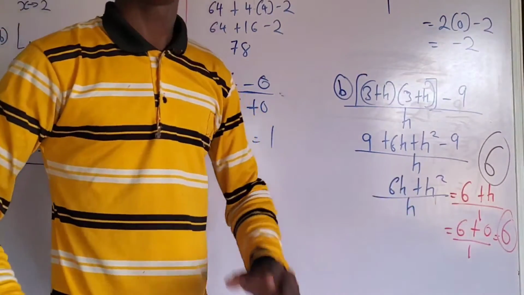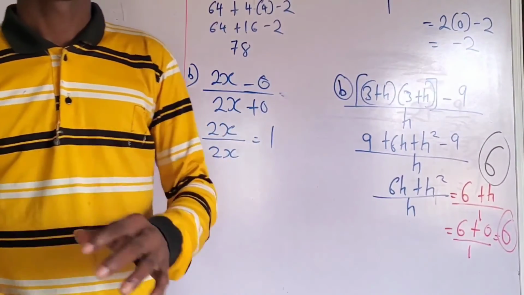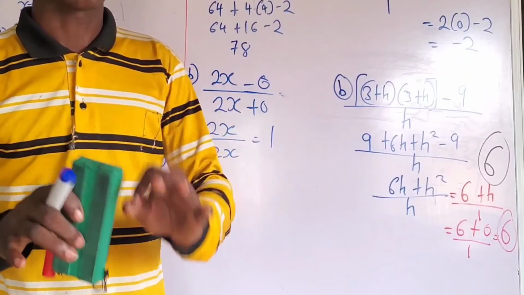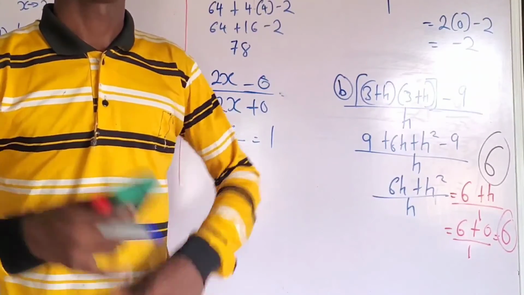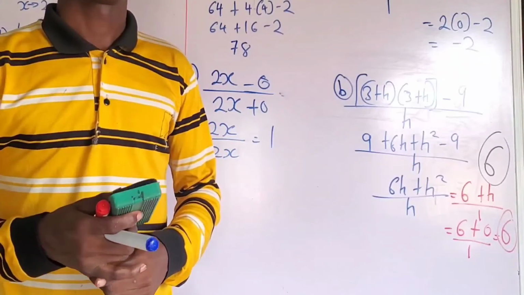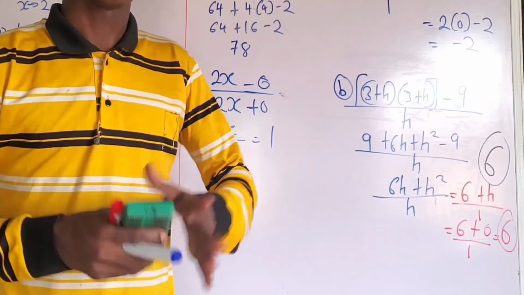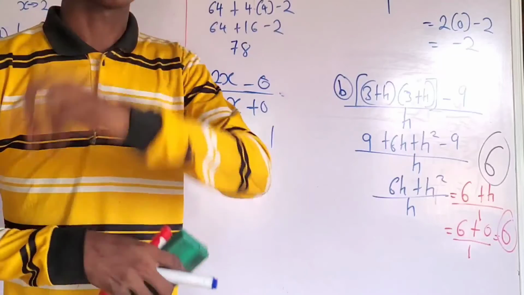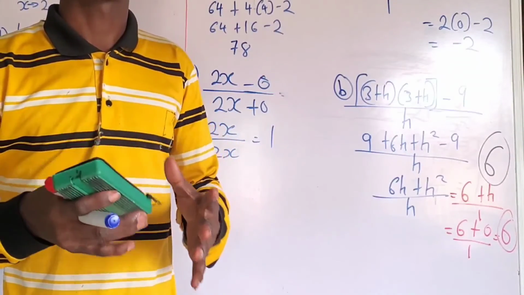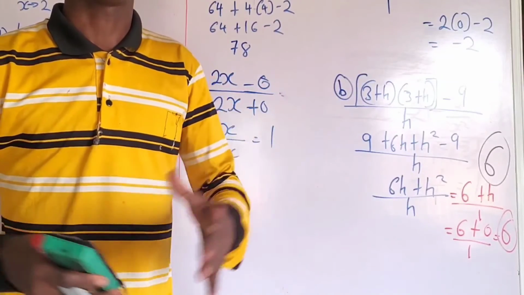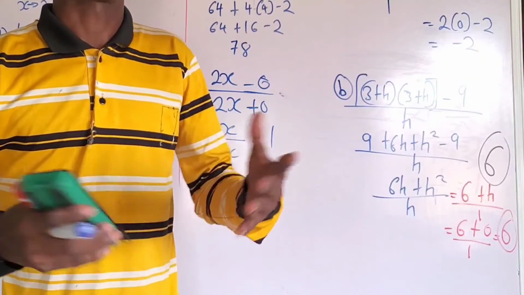So you can see that whether L'Hospital or the manipulating method, you're still going to arrive at the same answer. So if you come across any function in the exam and you discover that direct substitution will not work, it's better you use number 1, L'Hospital rule, or try the manipulating method. And if those two methods do not work, then if the function consists of a square root, you can rationalize, and if it doesn't, you can simplify it.